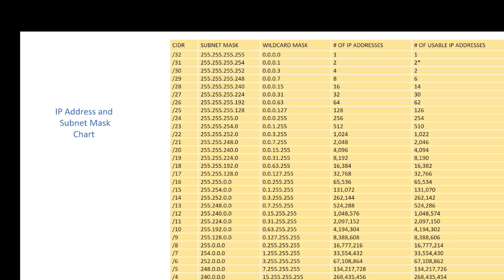Once it is exhausted completely, then we will move towards IP version 6.